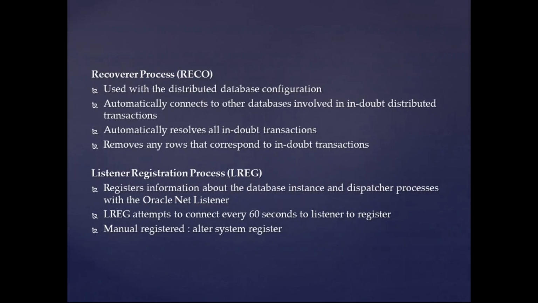This is a process which is running on the database server, listening to all the connections that are trying to connect to the database. It is storing information about the database: what is the machine address, what is the machine name, what is the port number, and what is the instance name. So everything is there in the listener. So the listener is making a connection to the database.